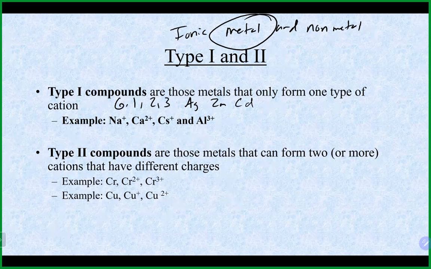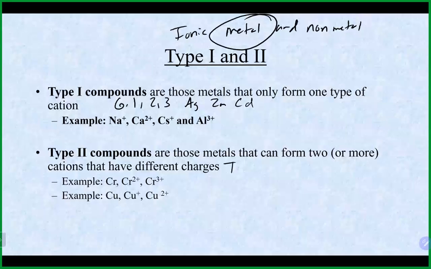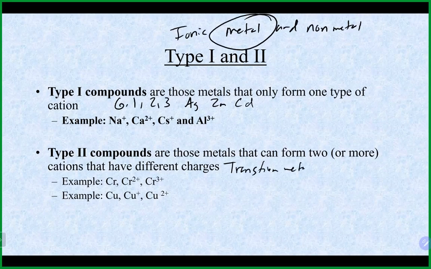Now, if you have a type 2 compound, that's going to be your transition metals, and just to the right, as I was talking about before, where you see things like lead or tin, underneath that staircase on the periodic table. The deal with those guys is they can have a variable positive charge, which means you need to let people know what that charge is when you name it.